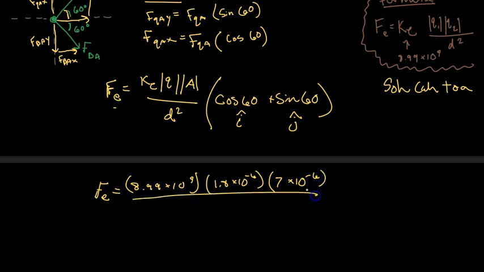And then it's all over the distance, which was 0.41 meters, squared, and then we have the cosine 60 plus the sine 60.